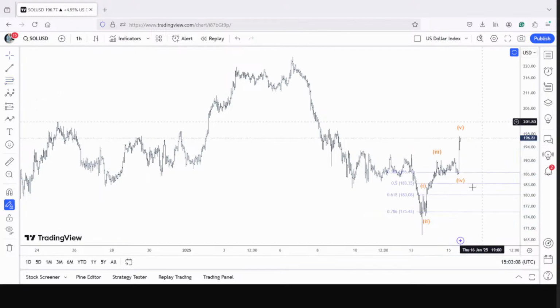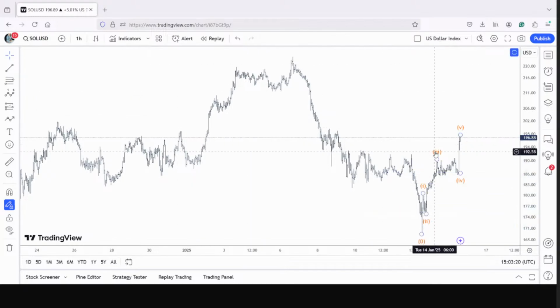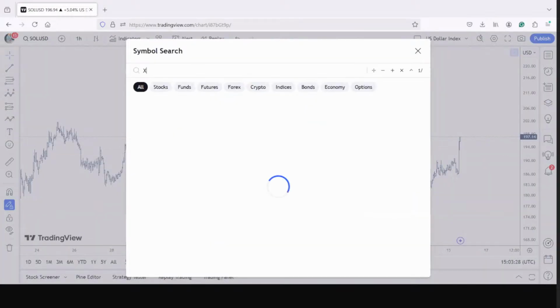And we have the retracement. So a better place to enter would be 183 now. Again, a humble warning, please don't rush into the long side emotionally.